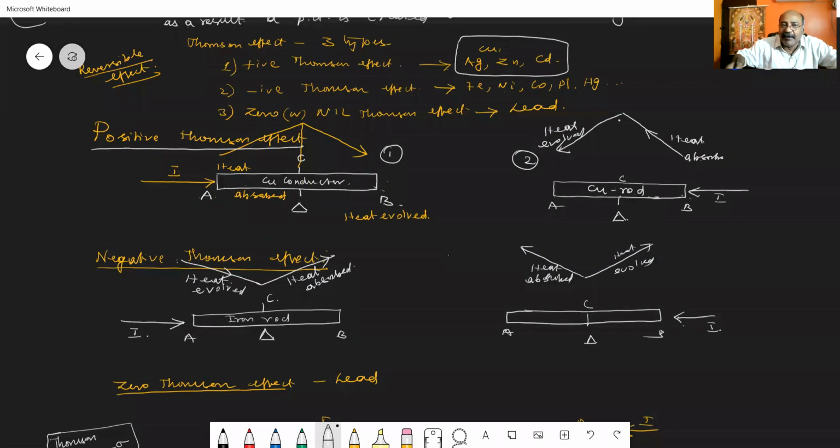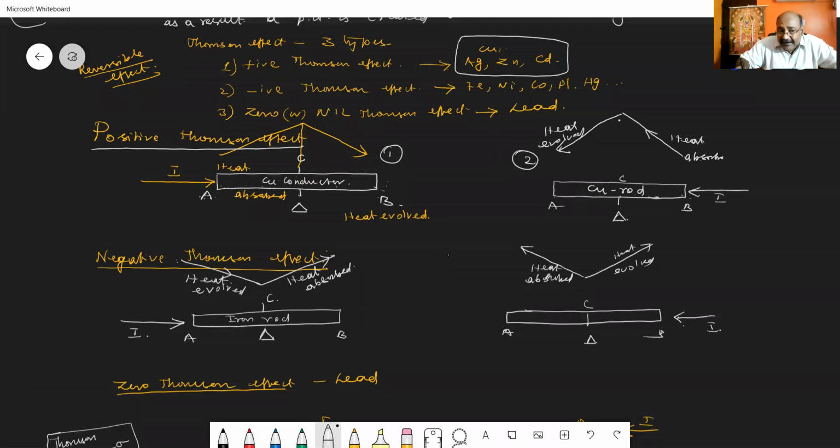In order to study this positive Thomson effect, we have taken a copper conductor. Let AB be the length of the conductor and C be its center. The center is heated, which means the temperature at A and the temperature at C will be different. Now you supply the current from A to B. Then heat energy is absorbed from A to C, and from C to B heat energy is evolved.